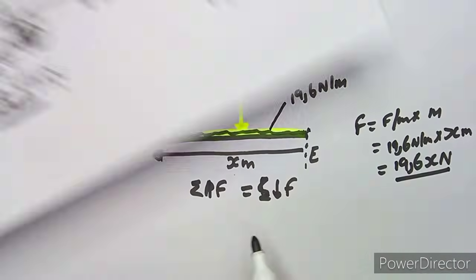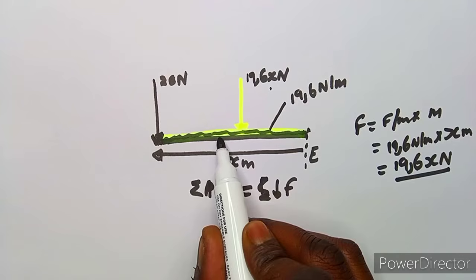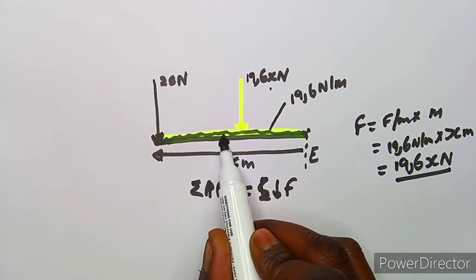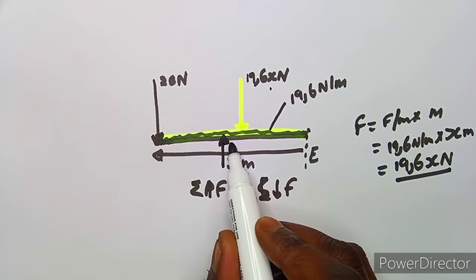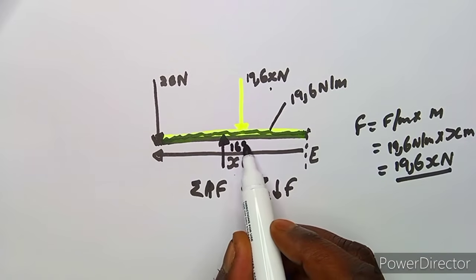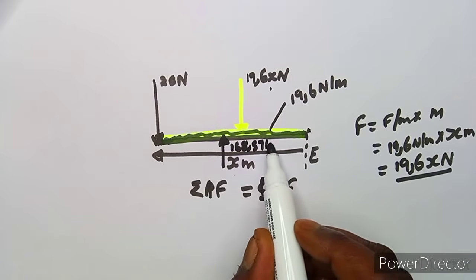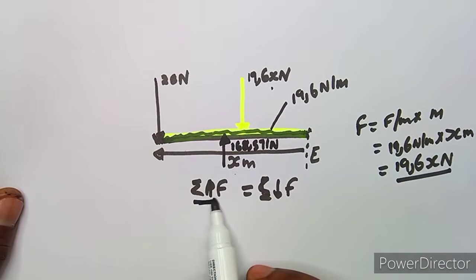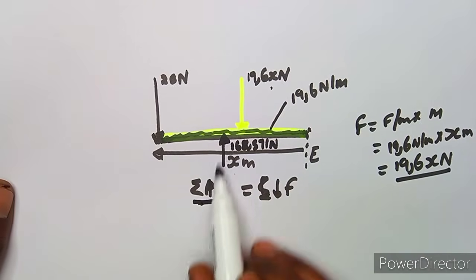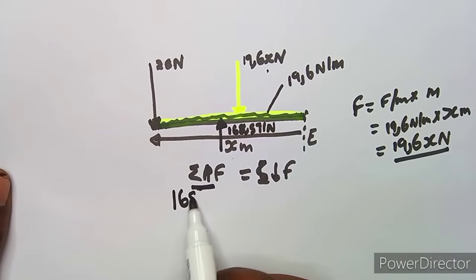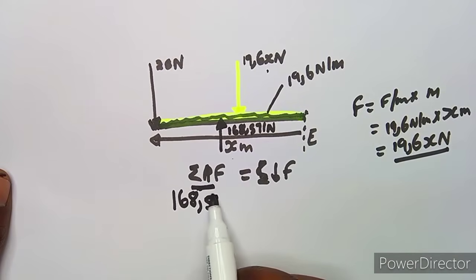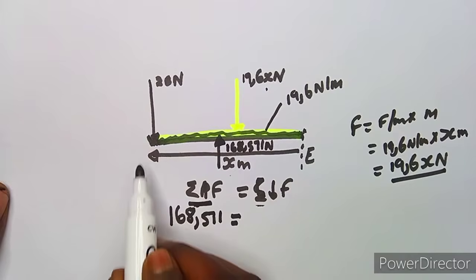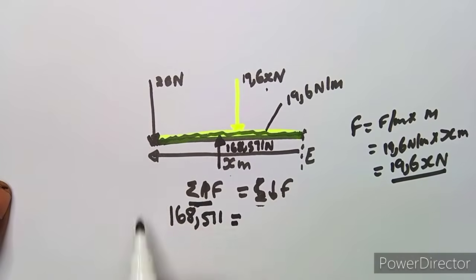So which means there is a support A on the diagram of 168.571 Newton, which is somewhere, let's just say it's here, we don't know actually where it is, but we just know that there's a support here of 168.571 Newton. So this is the one that is going to represent your F up, the one that is going upward, which is 168.571, which is equal to the sum of the forces which are going downwards, which means we are talking about this 20, which is going downwards.